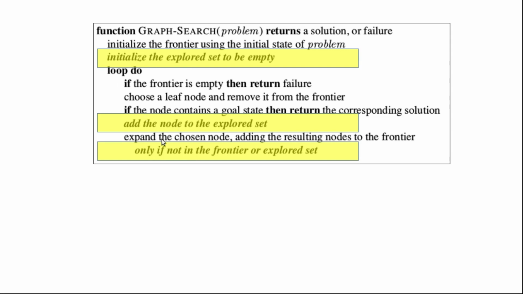In the loop, again, if the frontier is empty, we will return failure, just like before in case of tree search. And then if it is not empty, then we'll select a leaf node and remove it from the frontier, and then we check whether the node contains a goal state. If it's a goal state, then we will return the solution.